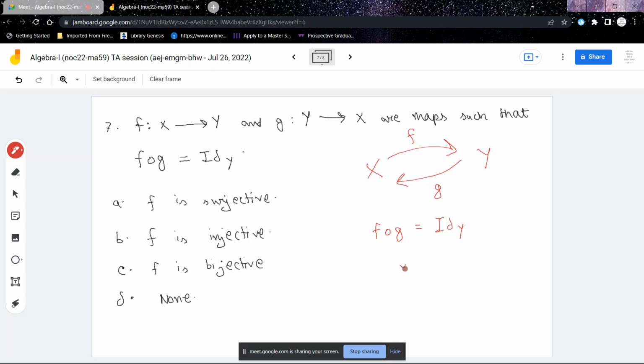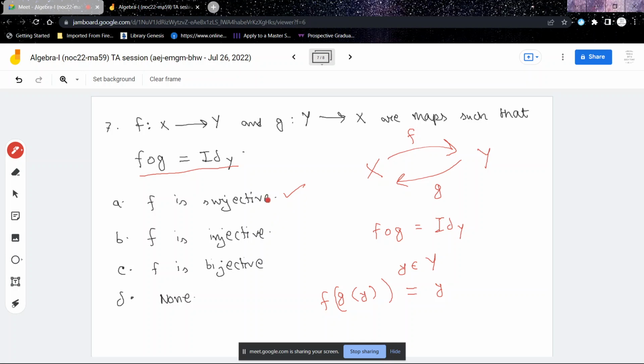So you just take any little y in Y. You have to find out some x in X which is getting mapped onto y. The only natural way that seems here is to just take g(y), which is an element of X. Now if you apply F on this, F composed with G is identity, so you just arrive at y, right? So indeed this relation shows that F is surjective.